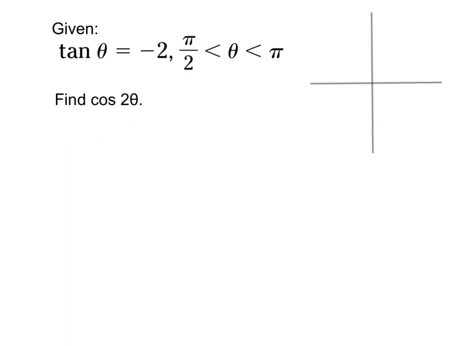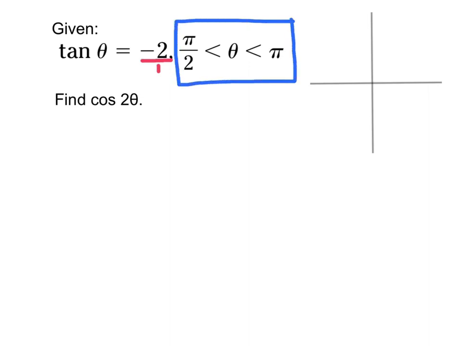And finally, this would be your last one. You're given tangent, so you've got two sides actually there. How do you make tangent? How do you make that a fraction? You put it over something. So there's your two sides, and you're also given what quadrant it's in.